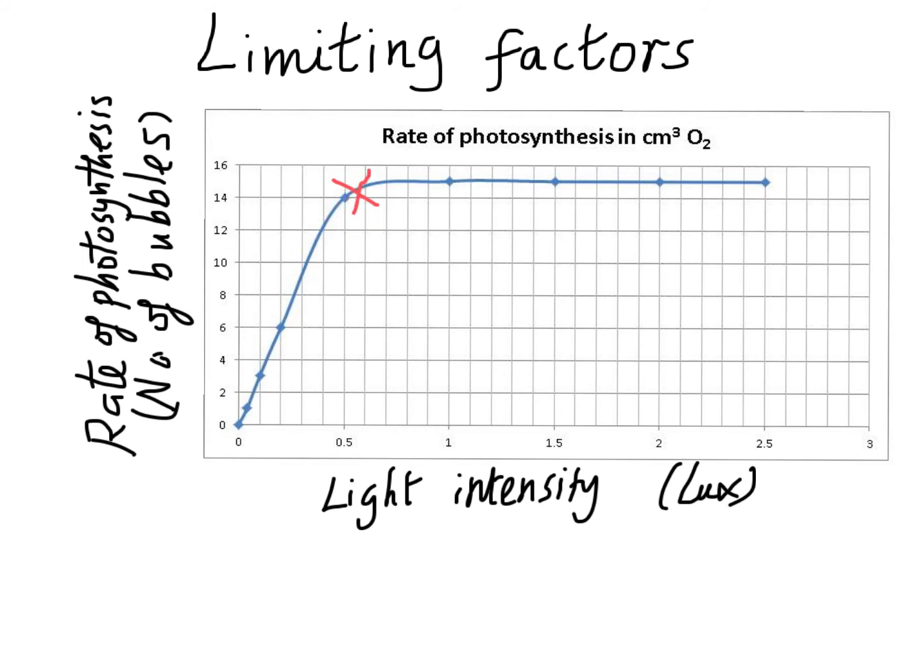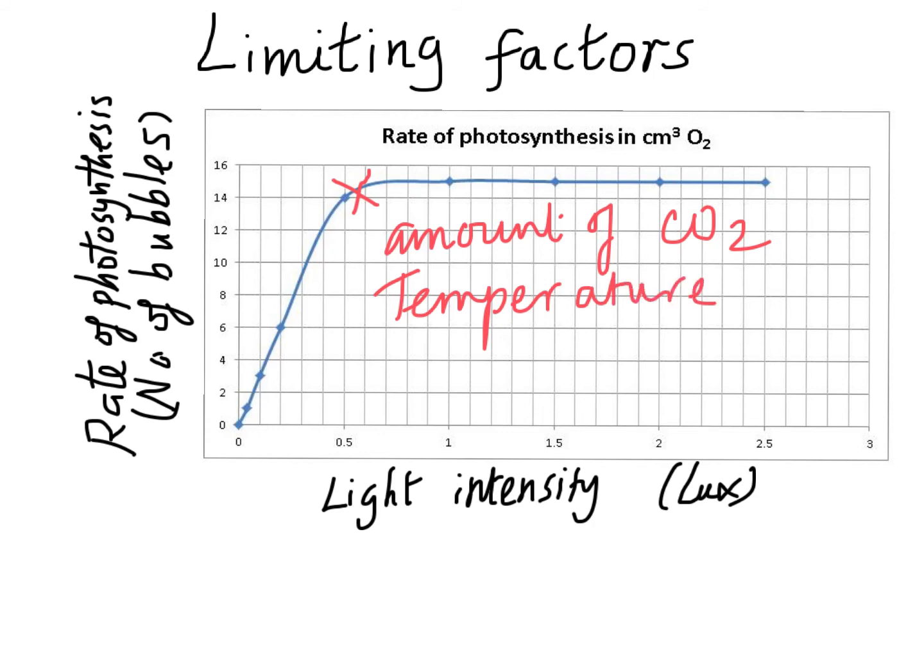So you can see that there is something that is affecting the rate of photosynthesis. It doesn't increase anymore, but there is plenty of light available. You keep on increasing the light intensity, so there is no shortage of light. So the only limiting factors in this case could be the amount of carbon dioxide that's available, or the temperature.